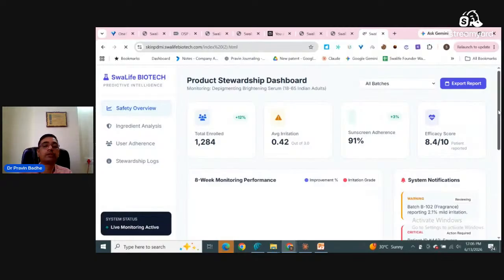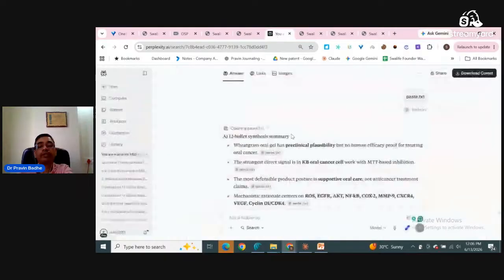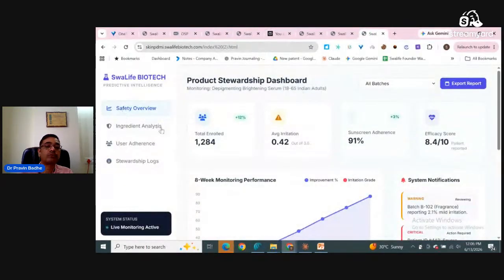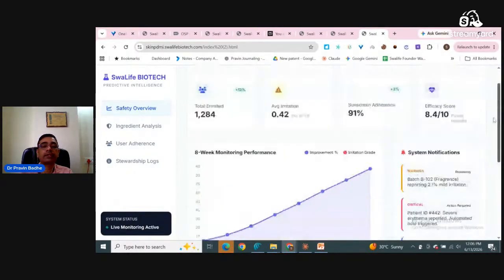predictive medicine, it is giving me this information which has been isolated from the public domain, which I was showing you in the Perplexity. All this information that we got in the Perplexity, now we put that into a dashboard where we get a safety overview about the serum.